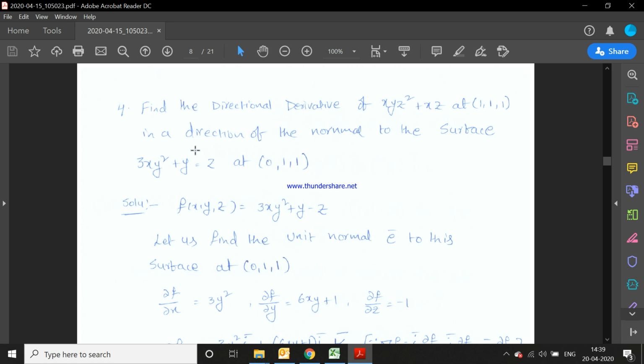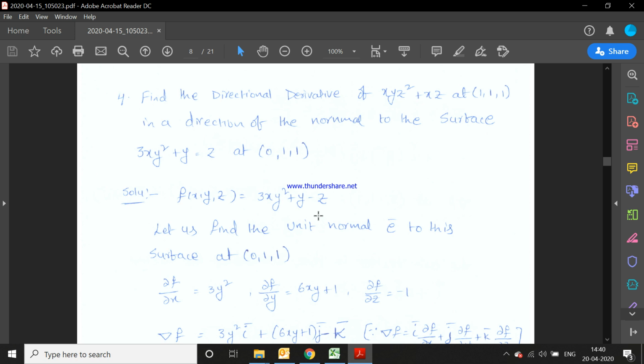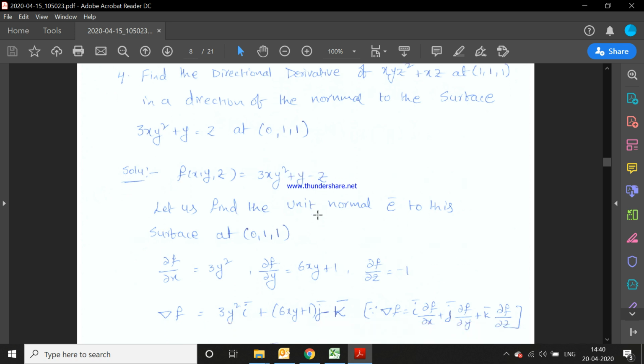So first I am taking f of xyz equal to 3xy square plus y minus z, which equals 0. That is the function f of xyz. After that find e bar at (0, 1, 1).